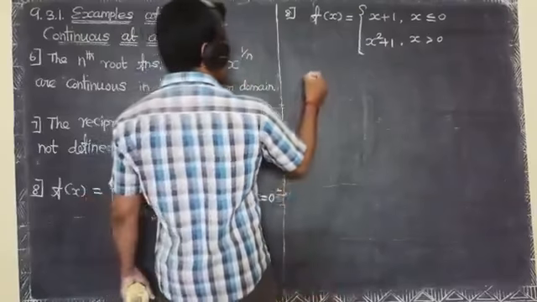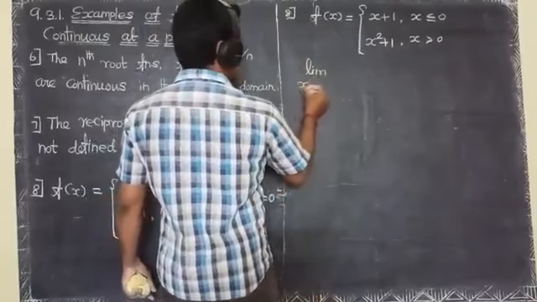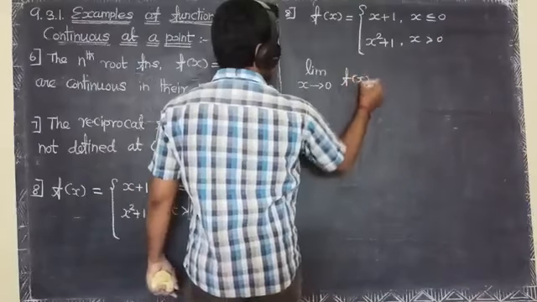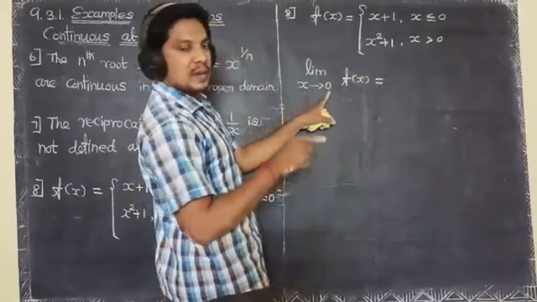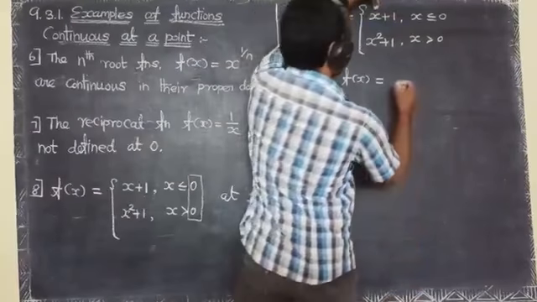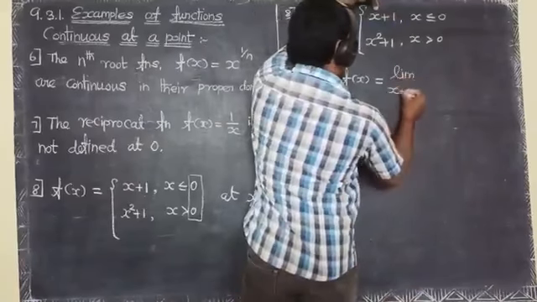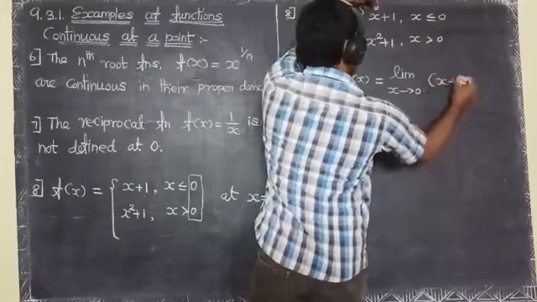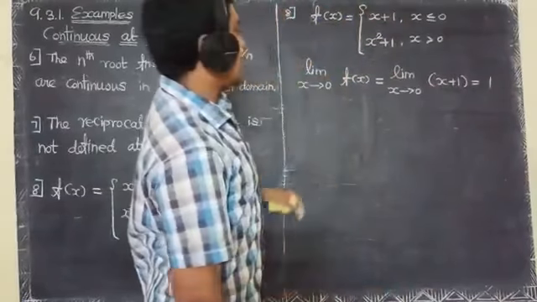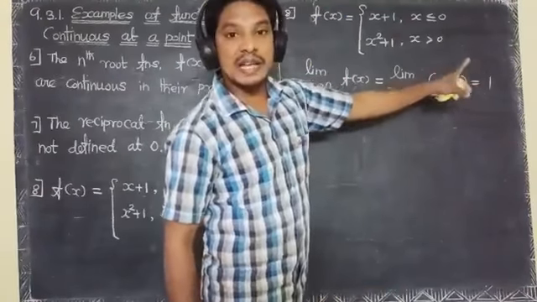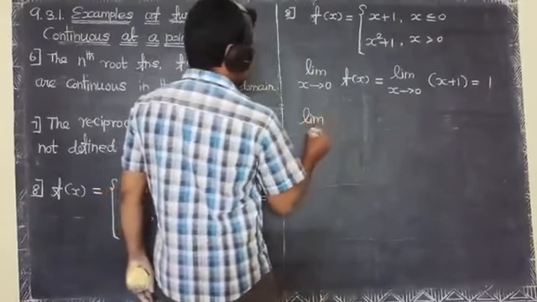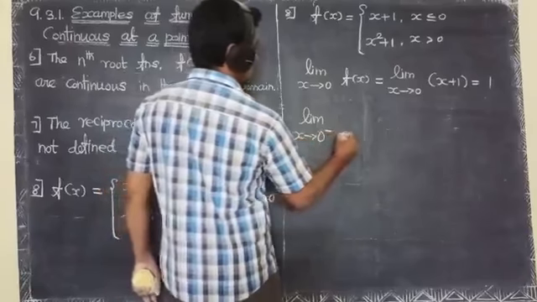Here, limit as x approaches 0 of f of x. x approaches 0 means x reaches 0, so we take the function x plus 1. Replace x equal to 0 into the function: 0 plus 1 is 1. Therefore the given function is defined and the limit exists.